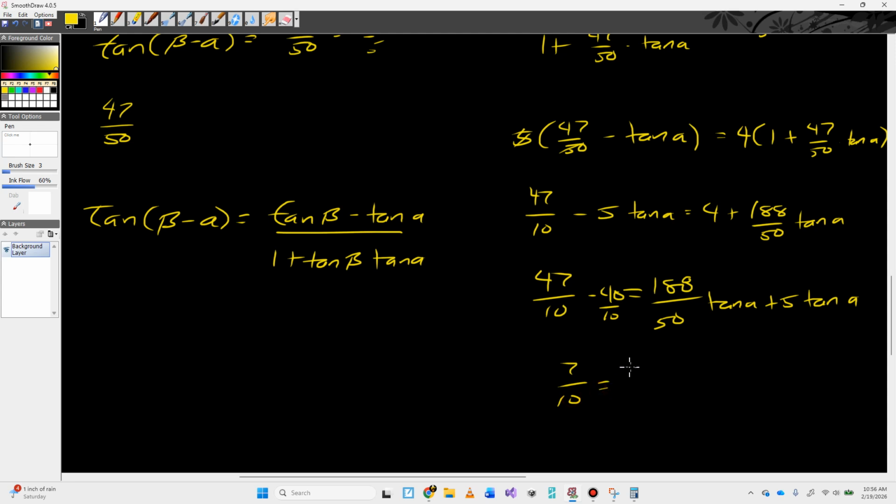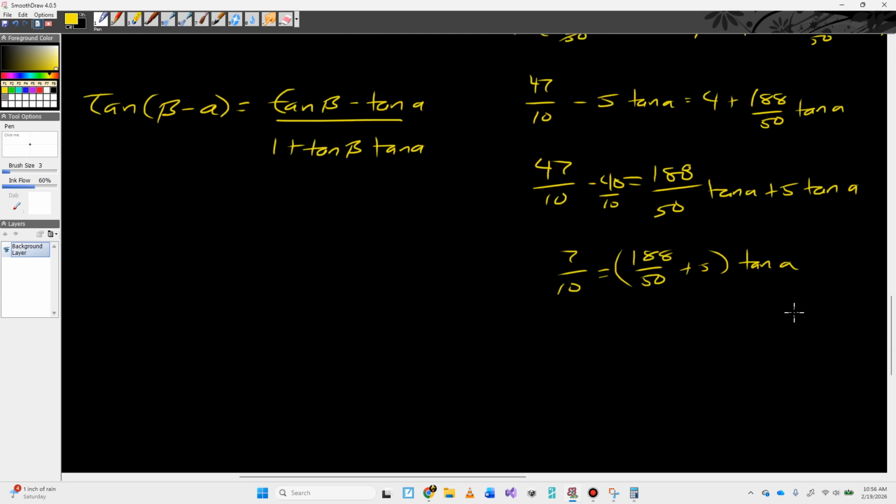And that's going to be equal to 188 over 50 plus 5, and that's going to be all multiplied by tan A. I factored out tan alpha from that. I'm going to divide by what this is. Well, if I multiply this by 50 over 50, that's 250 over 50.